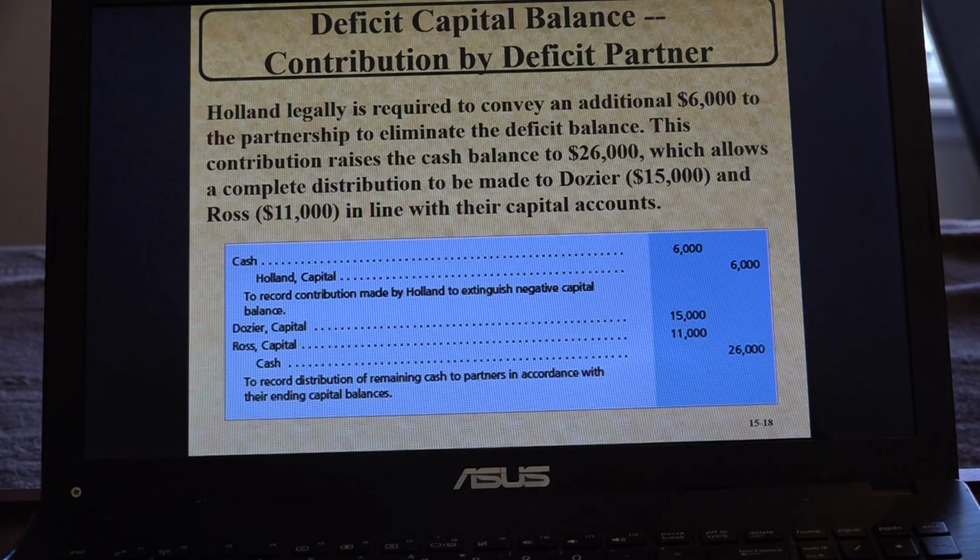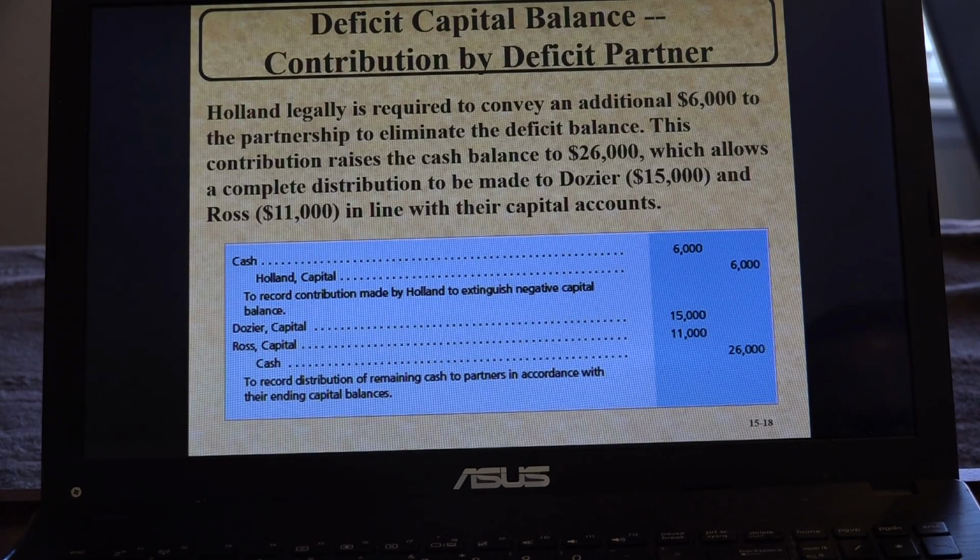Now here's an example of Holland just paying up, and then he gets his capital account to 0, so that closes him out. And then closing out Dozier and Ross, you simply debit their accounts and credit cash.